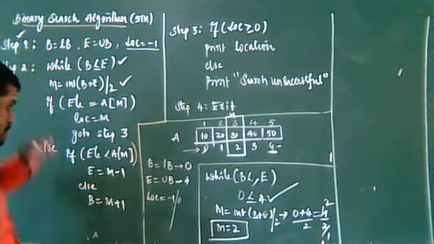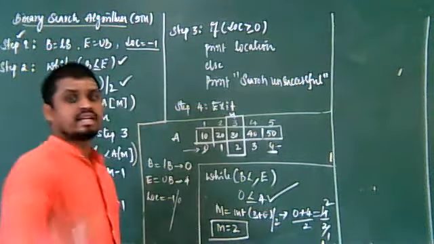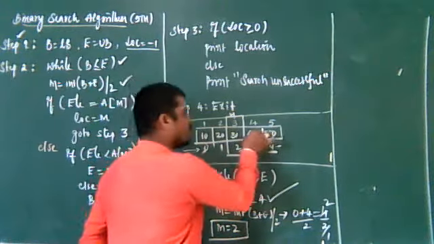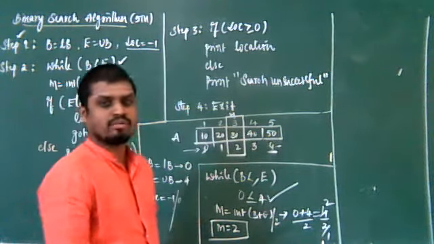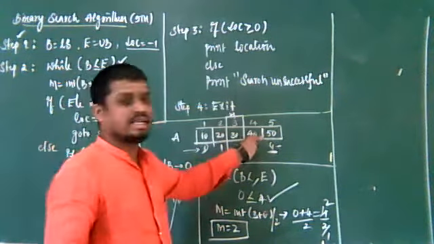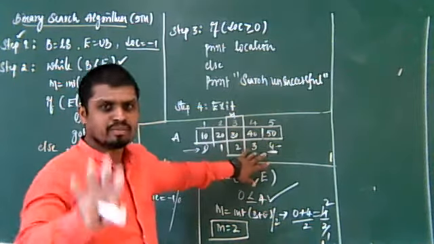Now, among these 5 elements, which element do you want to search? Consider I want to search for 40 in this memory block, and I want to find in which position 40 is available. The result is supposed to be 3, but we are supposed to prove that.